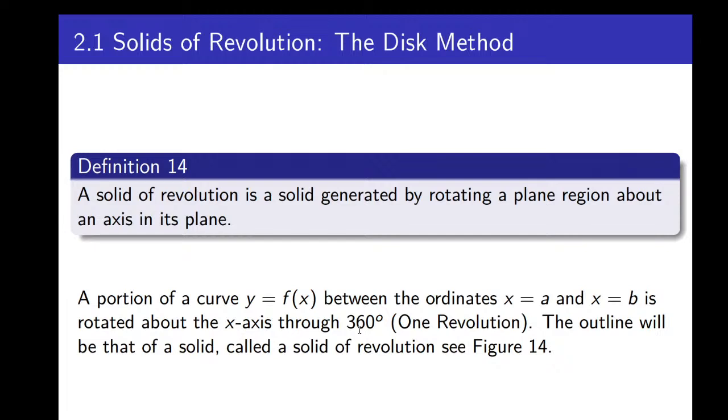Now, a portion of a curve y equals f of x between the ordinates x equals a and x equals b is rotated about the x-axis through 360 degrees.